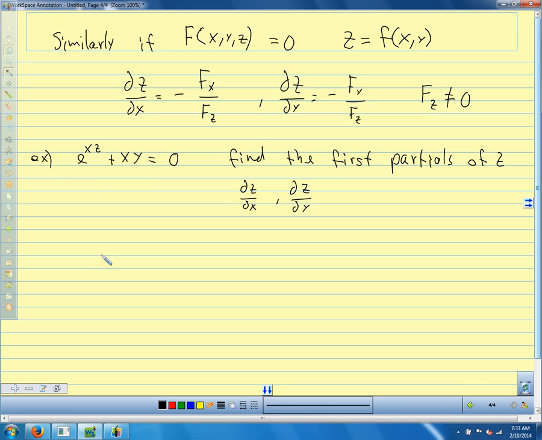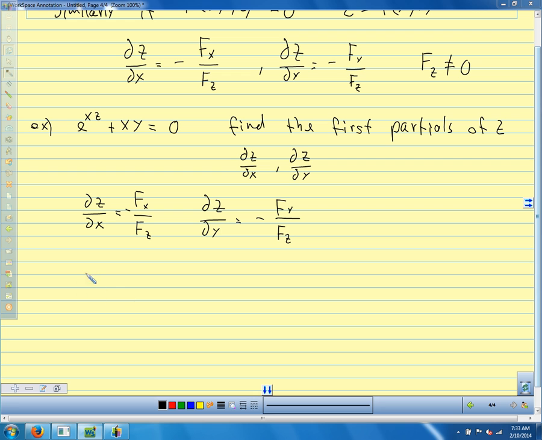So dz dx is just going to be minus f sub x over f sub z, and dz dy is just going to be minus f sub y over f sub z. That makes this nice and easy.